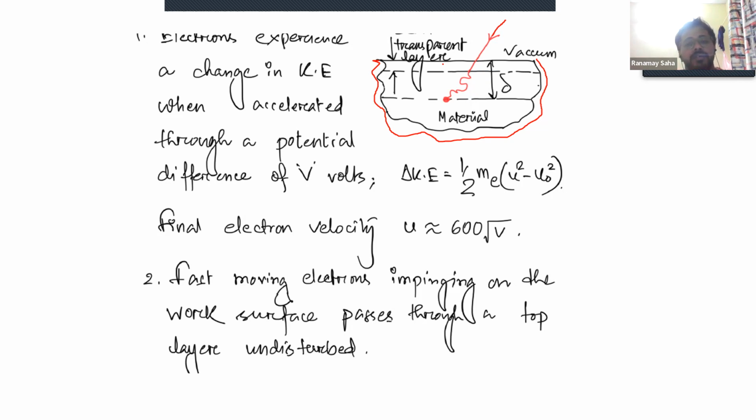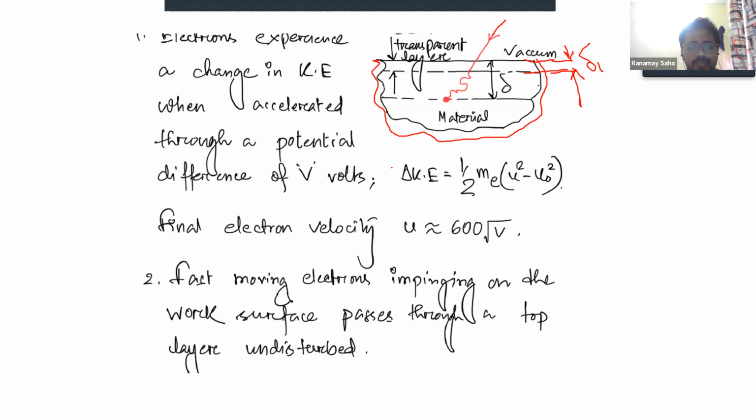The material hardly realizes that a beam consisting of high-speed electrons has intruded. So this particular layer is called the beam transparent layer, and this is the beam transparent layer thickness. Then comes the actual depth of the material beneath that transparent layer, where you can see that the beam is interacting with the molecules inside the material, colliding with the molecules.